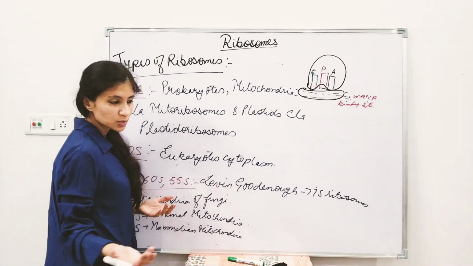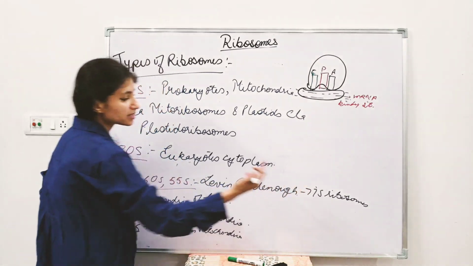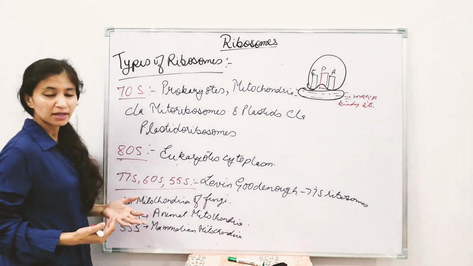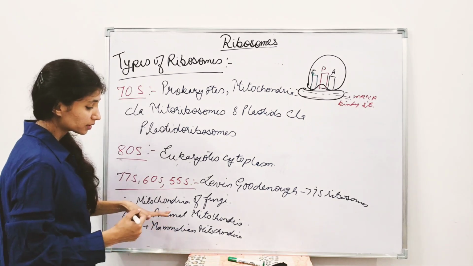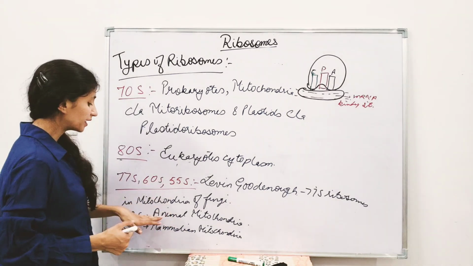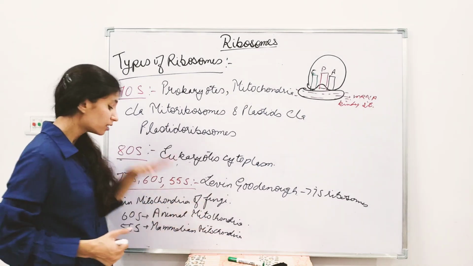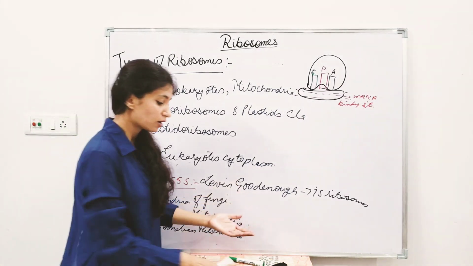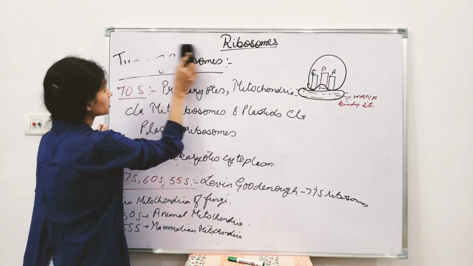Levinthal Goodenough found the 77S ribosomes in fungal mitochondria, whereas the 60S ribosomes you can find in animal cell mitochondria, and the 55S ribosomes in the mammalian mitochondria.